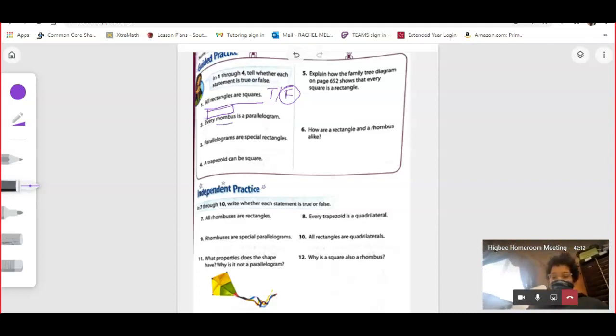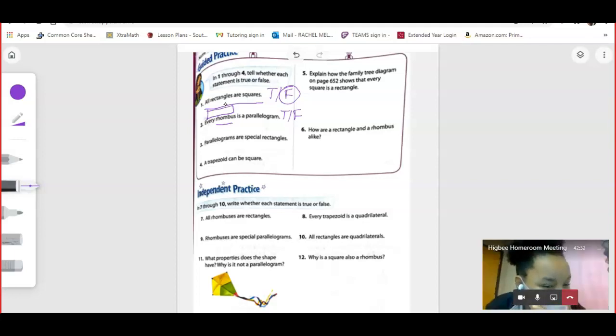Every rhombus is a parallelogram. Okay, Jada, what do you think about that? I think it's true. Why? Because a rhombus is like that, and then like that, and they're tilted, and they keep going on.